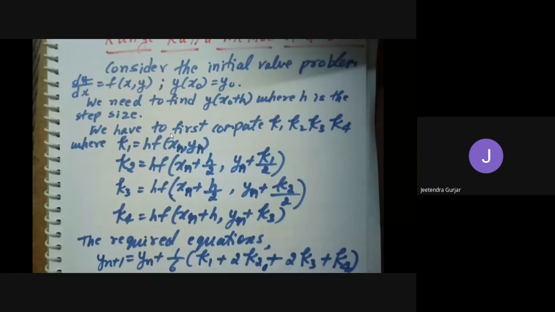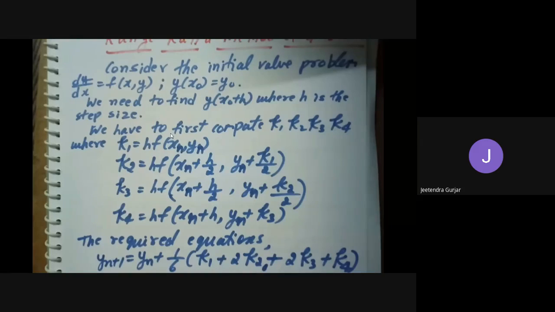The k1 we already get from the previous approximations, we'll substitute here. k3 is equal to h f of x n plus h upon 2 comma y n plus k2 upon 2. k2 is from the previous approximation. Next k4 is equal to h f of x n plus h comma y n plus k3.